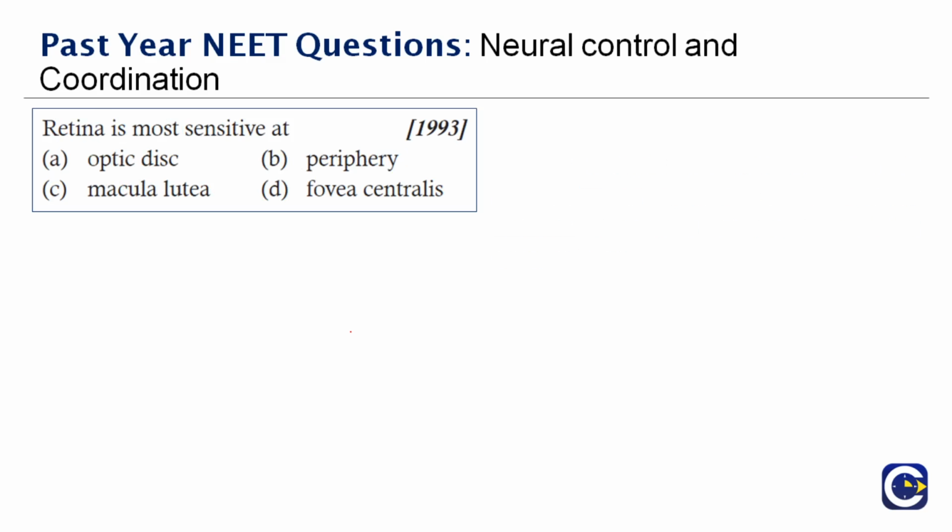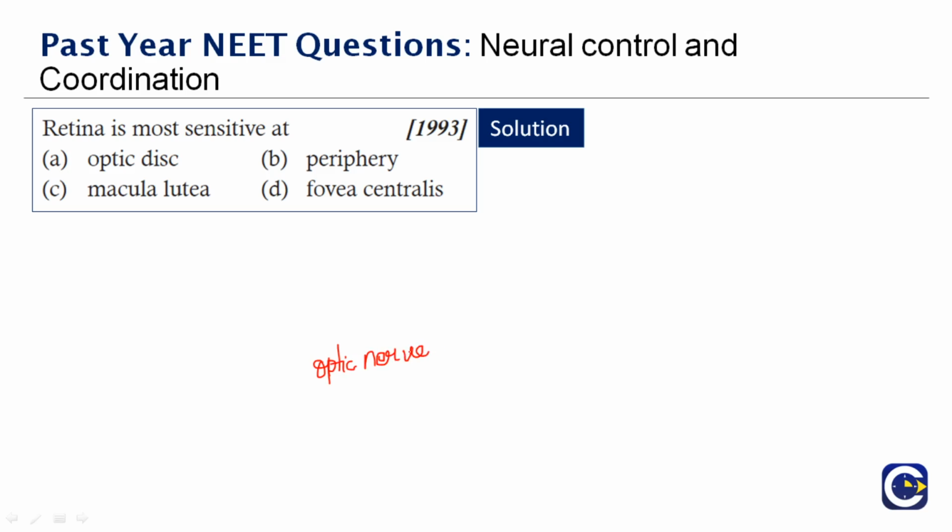Next question here. Retina is most sensitive at dash. What do you have to talk about with the retina? As we all know, the retina is a thin layer of tissue that lines the back of the eye on the inside. It is located near the optic nerve.